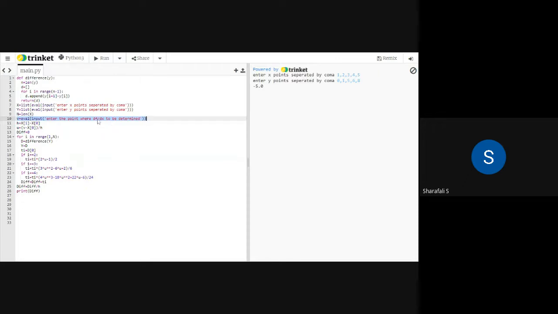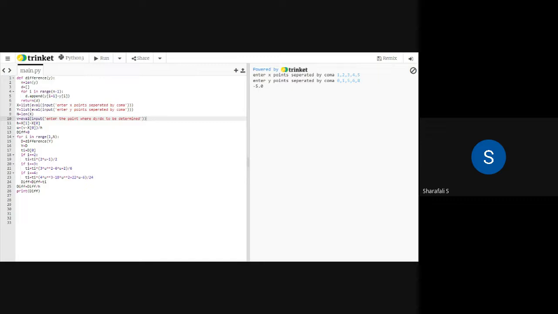You can give dy by dx, no problem with that. Where the dy by dx is to be determined. So this is a general case. If you want to find out dy by dx at any point, then you have to use this program. So I have given eval input, enter the point where dy by dx is to be determined. That we have to provide.